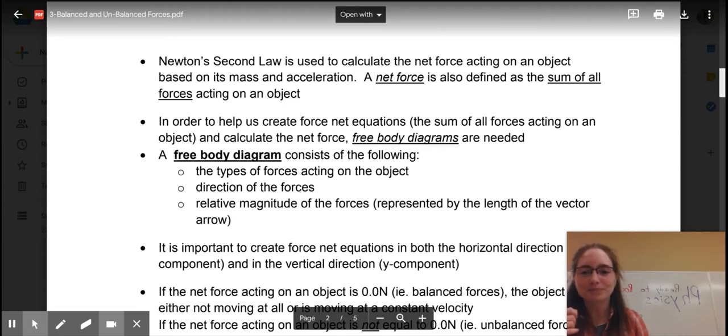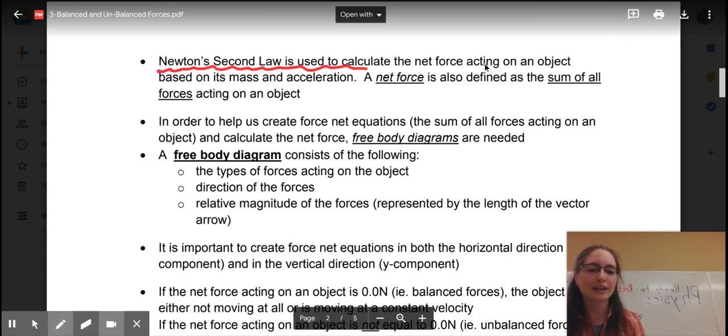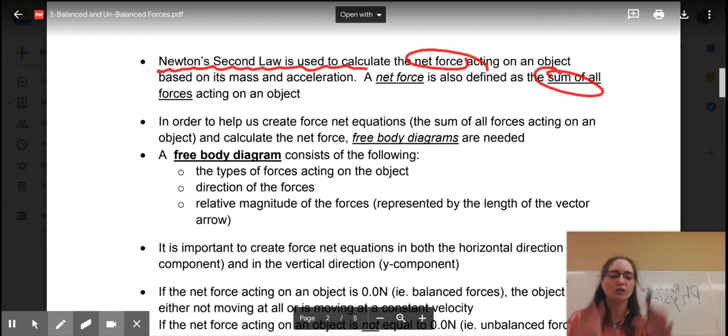So, ladies and gentlemen, as a reminder, Newton's second law of motion, we use it to calculate the net force on an object. Keep in mind, our net force is equal to the sum of all forces. So when we add all forces together, that's our net force.